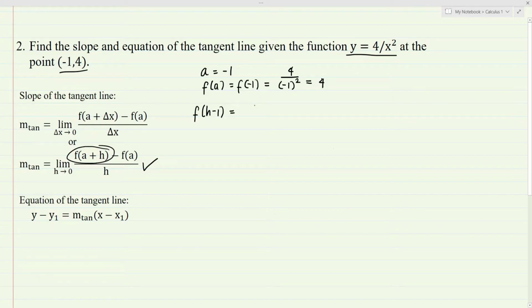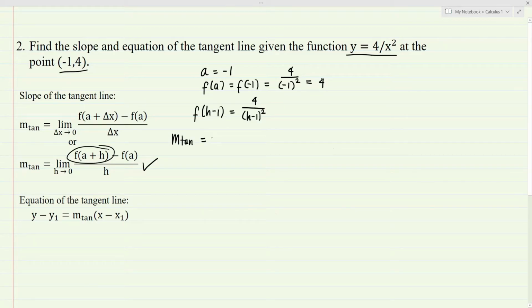To solve for f of h minus 1, just replace the variable x with h minus 1. So I would have 4 over h minus 1 squared. For this function, I would not yet expand the binomial in the denominator.